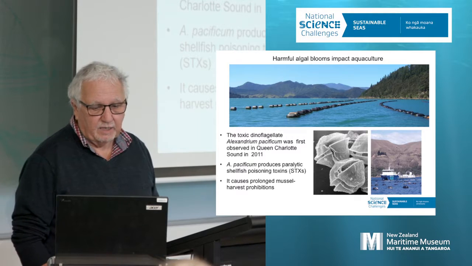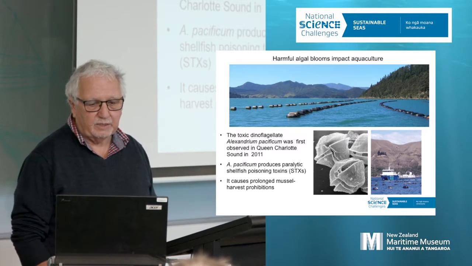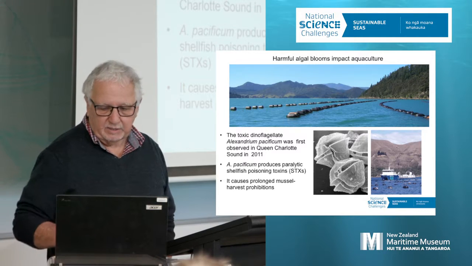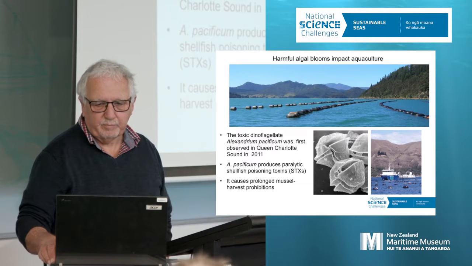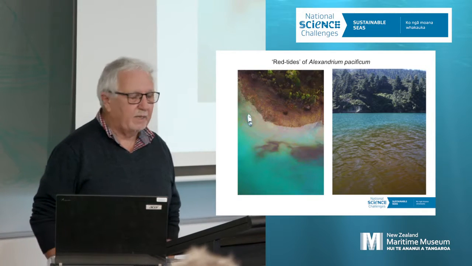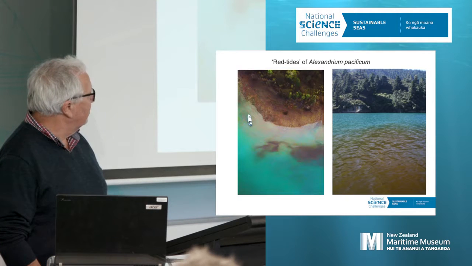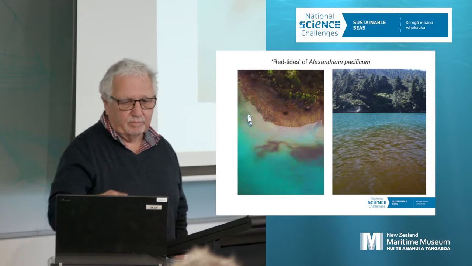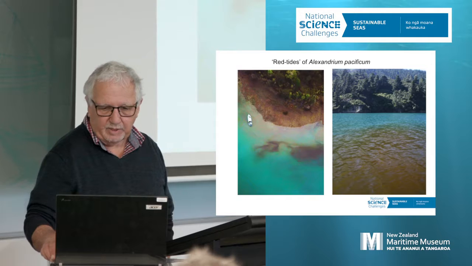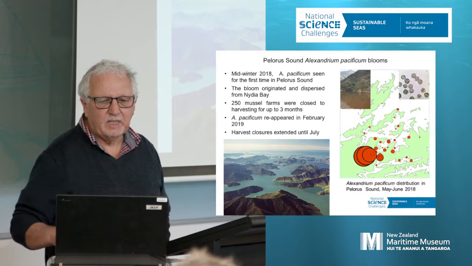And then last year, in May last year, it suddenly appeared, and it appeared in a big way in the central part of Pelorus Sound, causing red tides, highly discoloured water, very high cell concentrations.